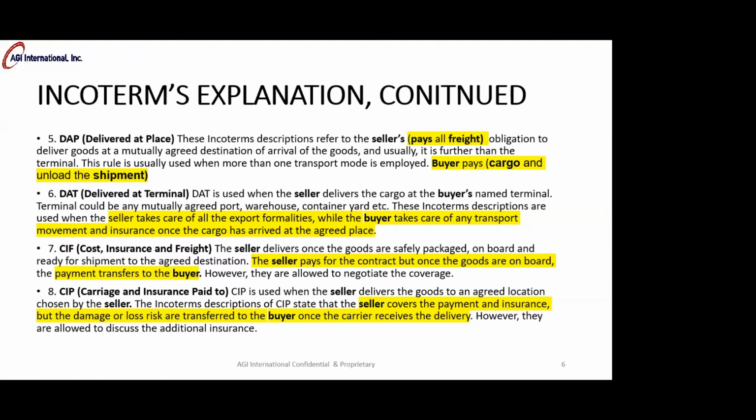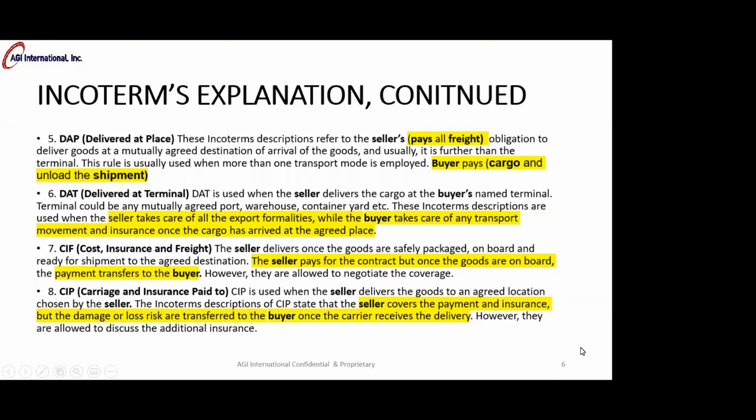Again, this one is one of those where you can negotiate that coverage beyond that point to your destination, but that's something that's, the CIF is about cost, insurance, and freight.